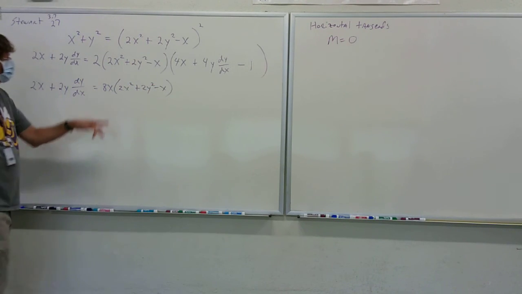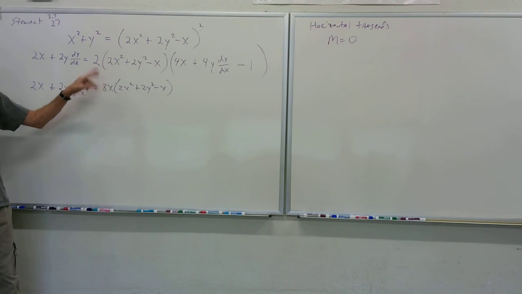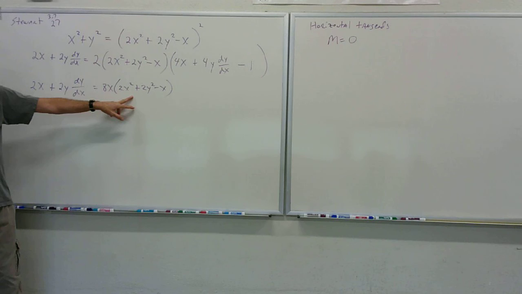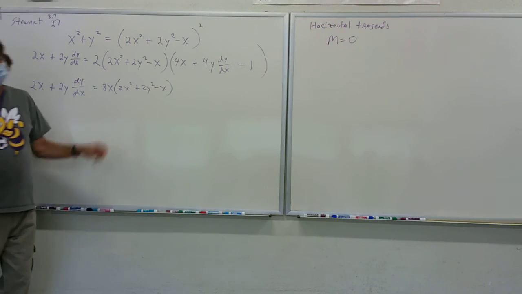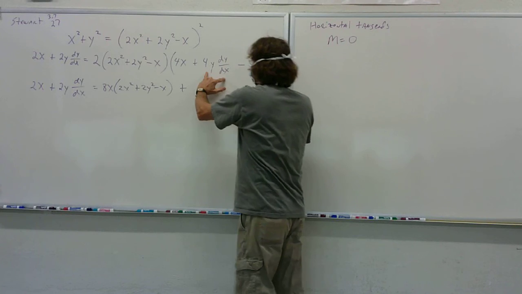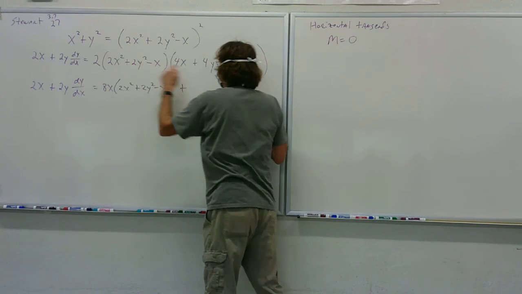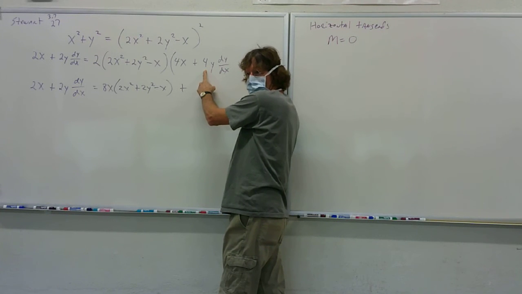All right, I'm multiplying 4x times all that. 2 times 4x, and notice I just wrote that down because I don't want to have to do it all at one time and make a mistake. Now, I'm going to multiply 4y dy over dx times that. 2 times 4 is going to make what? 8.